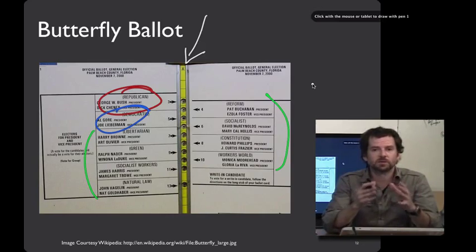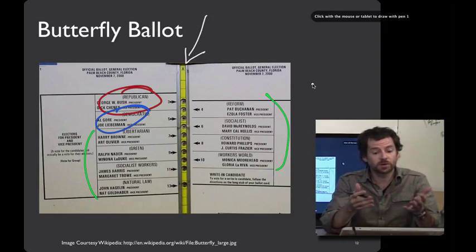It appears that, due to bad user interface design, people who intended to vote for one of the candidates, Al Gore, instead accidentally pressed the hole corresponding to a different candidate, Pat Buchanan. While we'll never know for sure, the data suggests that this is probably the case.